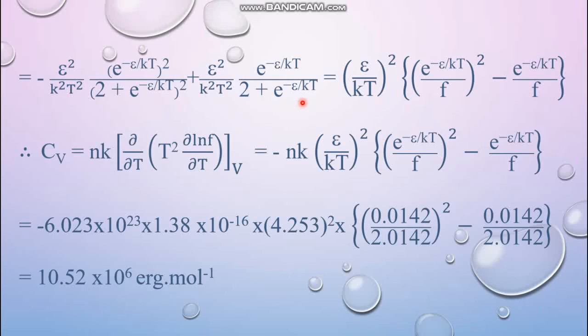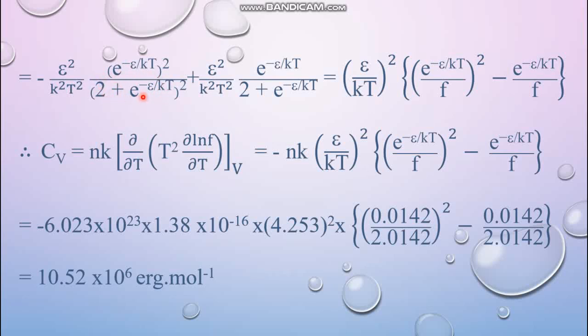So from this you can easily take this part as constant. So epsilon square k square t square can also be written as epsilon by kt whole square, and it is done here, and you have taken it as a constant common from these two terms. Okay, and if this is taken as constant, then this part can be written as 2 plus e to the power minus epsilon by kt, which is f.